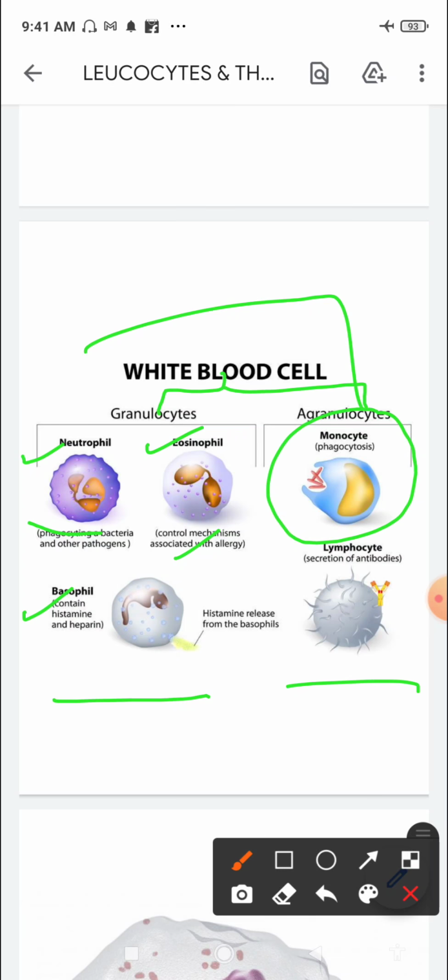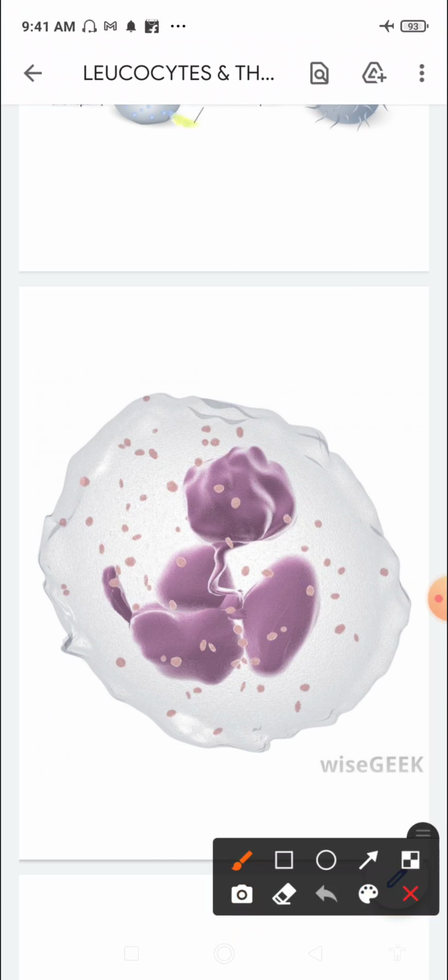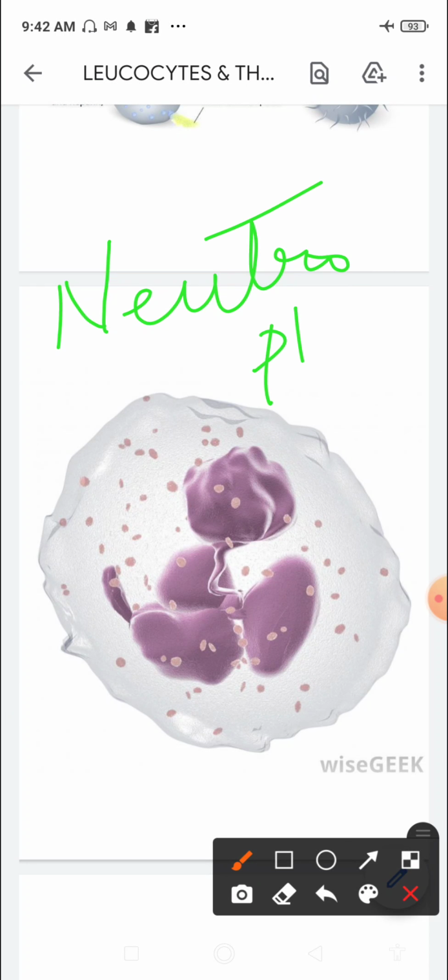So starting with the first one, the neutrophils. You can see the figure of a neutrophil, right? This is a granulocyte. Neutrophils, as I told you just now, take up both the dyes and appear purple in color. They are the most common and active type of WBCs, right?